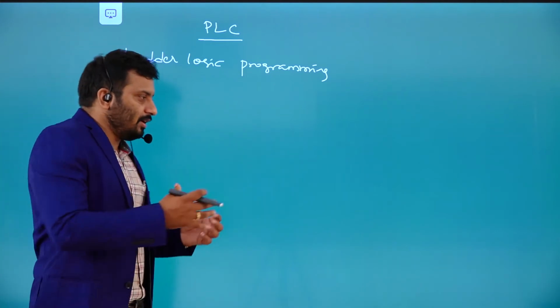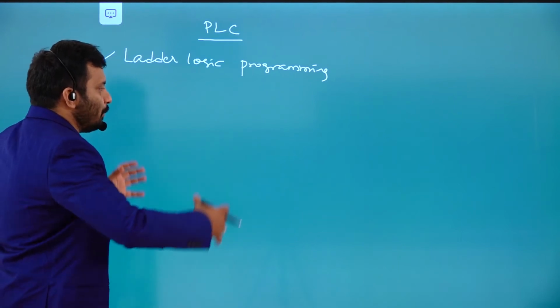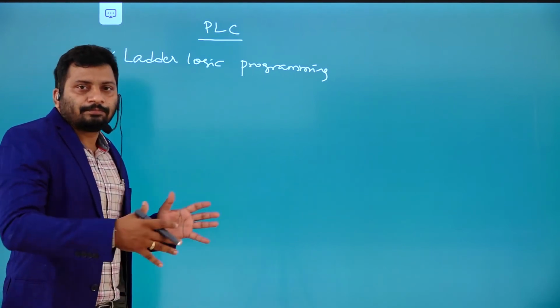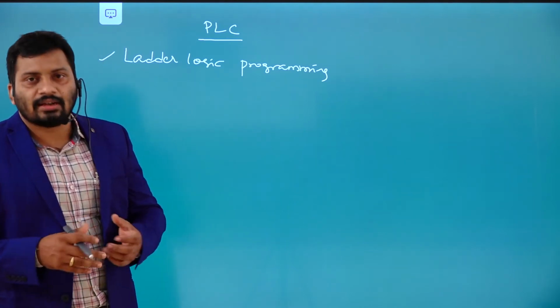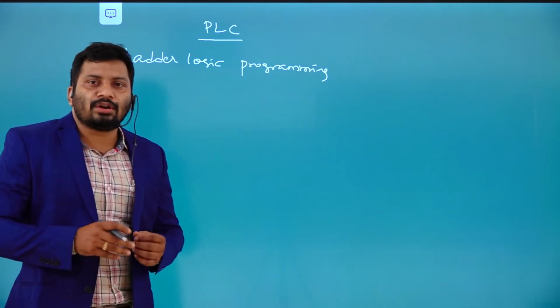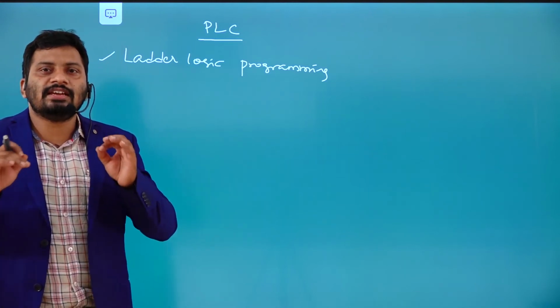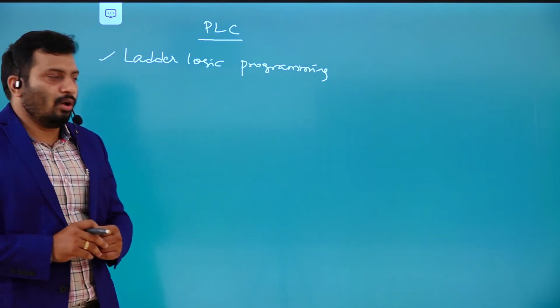So before writing this graphical representation of programming for a simple process using coils and contacts, we have to see how we are going to address each terminal in the input module and output module, right?